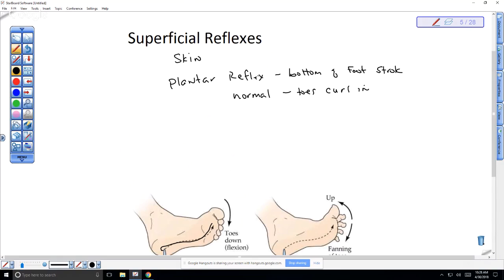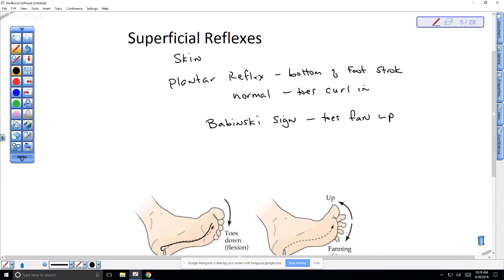The abnormal one, which actually is normal in babies up to about the age of 1, is the Babinski sign. This is where the toes curl up, or fan up, so they extend up rather than curling.